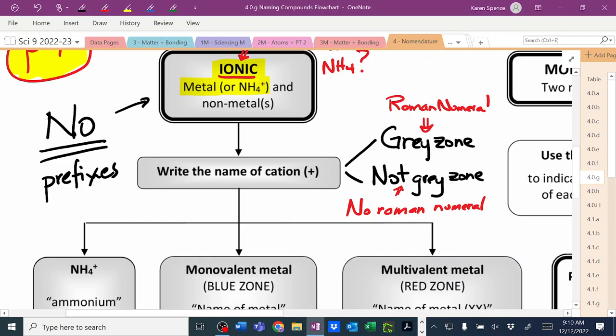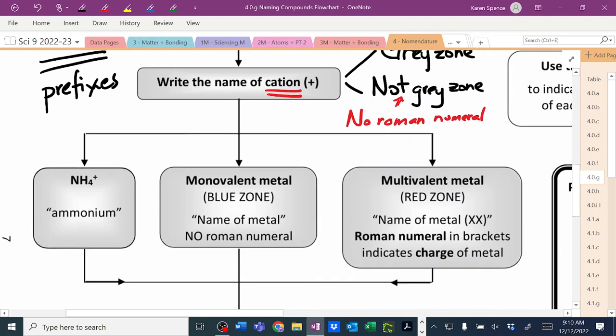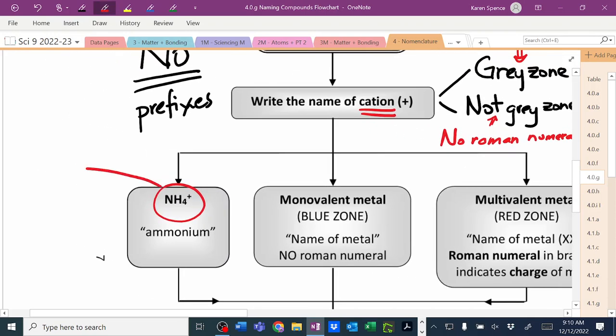So there are three choices for your cation. Either you're going to have NH4. Where do you find the name for NH4? That is on your pink sheet. And you should really be familiar with that one because it really is the only super important polyatomic cation.